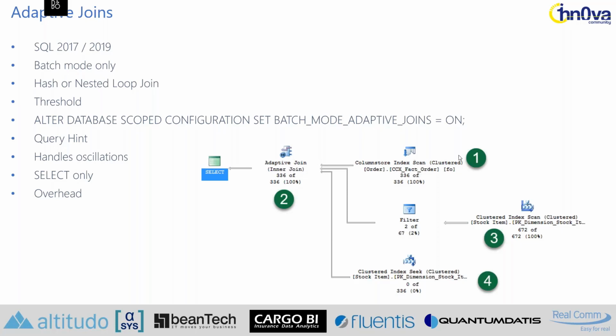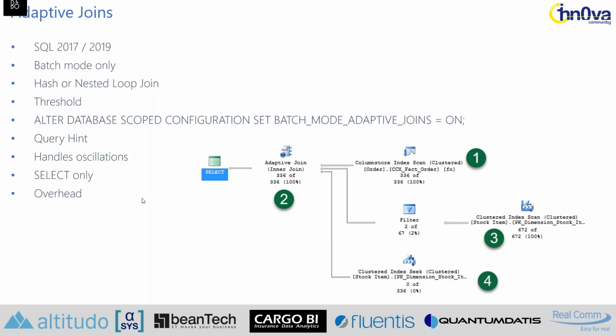If the number of rows coming from the first operator is greater than the adaptive threshold rows, then SQL Server will go into hash match. So the adaptive join will transform to hash match, and it will go to the third branch and execute the hash match. And if the number of rows coming from the first operator is less than the adaptive threshold rows, then it will go to the nested loops.